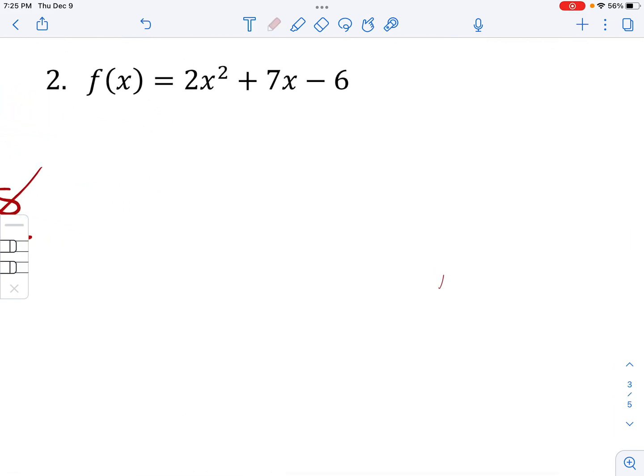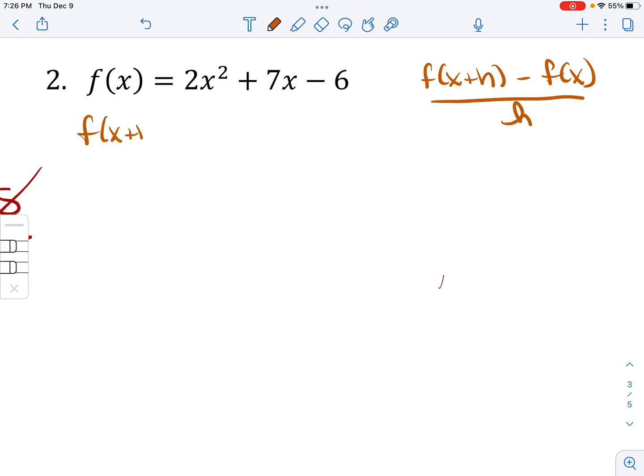Okay, so moving on to the same setup, f of x plus h minus f of x, over h. Same thing, I'm going to replace x with x plus h, so everywhere I see x, I'm going to substitute x plus h.